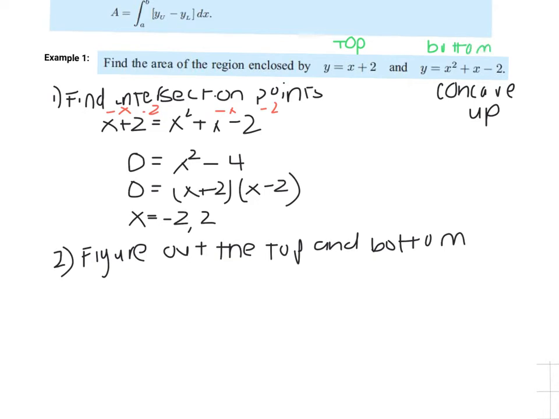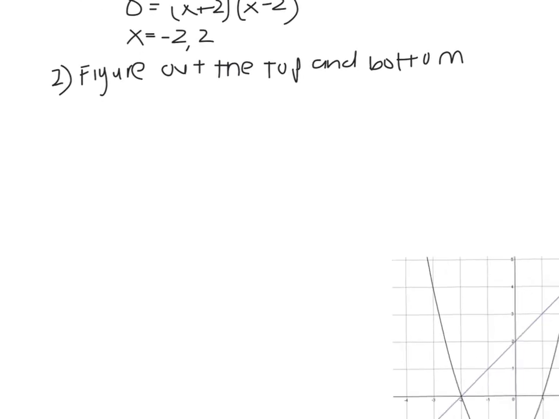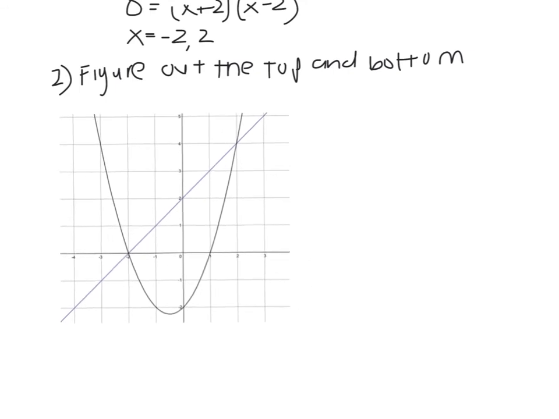Just to make sure, it's never a bad idea to graph these. And I've already done that for you. Here's our graph from Desmos. So this is our function y equals x plus 2, our linear function with the slope of 1 and a y-intercept of 2. And then here's our function, the black one, y equals x squared plus x minus 2.